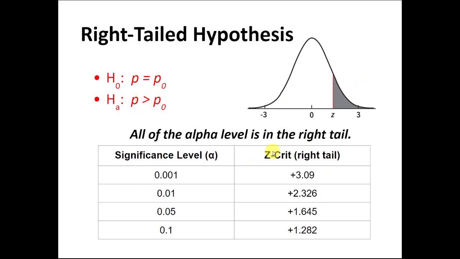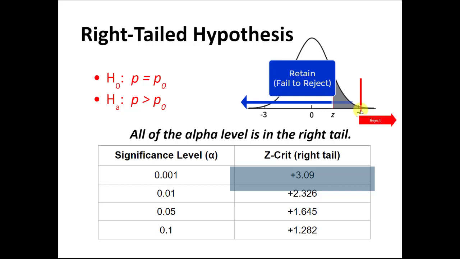If you have a significance level of 0.001, that means that your Z-crit is going to be 3.09, so it's going to be way out here. If you obtain a Z-score in your sample that is greater than positive 3.09, you will reject the null. And if you do not meet that threshold, then you will retain the null.